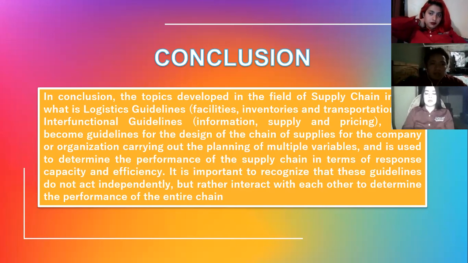These become guidelines for the design of the supply chains for the company or organization, carrying out the planning of multiple variables, and are used to determine the performance of the supply chain in terms of response capacity and efficiency. It is important to recognize that these guidelines don't act independently, but rather interact with each other to determine the performance of the entire chain.